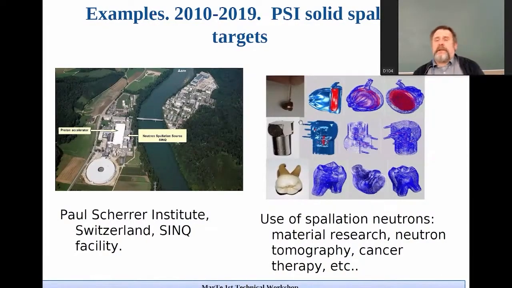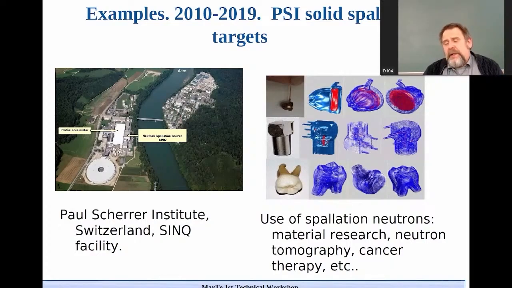The third example would be related to more distant things. For years I was involved in a collaboration with the Paul Scherrer Institute in Switzerland, and what they did was spallation. They used spallation targets and protons. In general it's a proton beam hitting some kind of matter, solid or liquid.